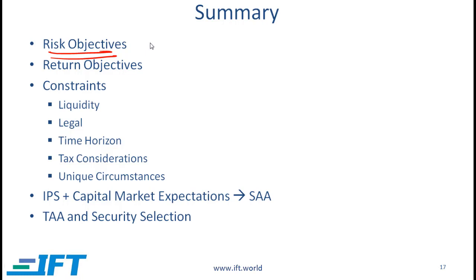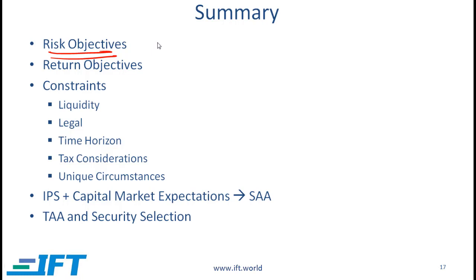The ability to take risk is based on objective factors such as income, wealth, and so on. The willingness to take risk depends on psychological factors, situations, circumstances, and so on. The combination of the two helps us define the overall risk objective for our client.